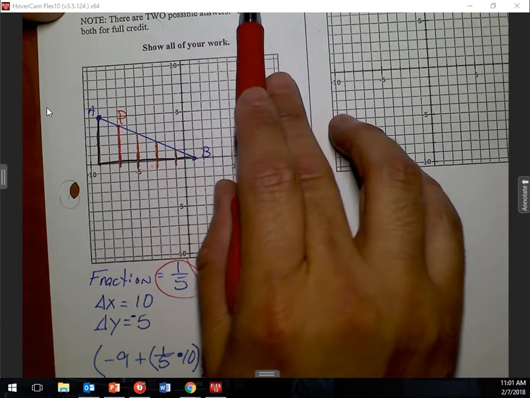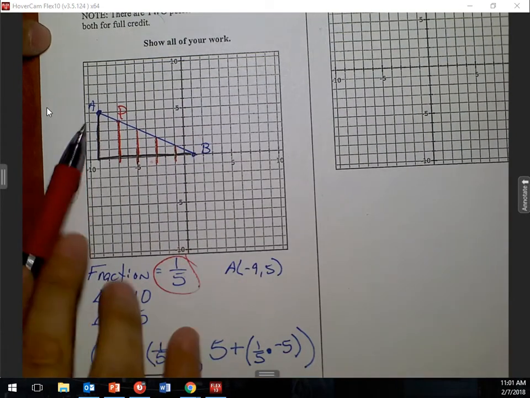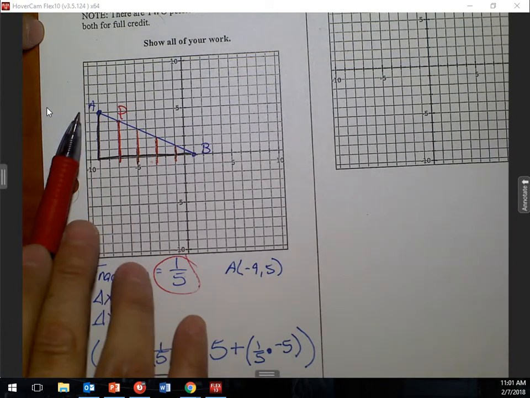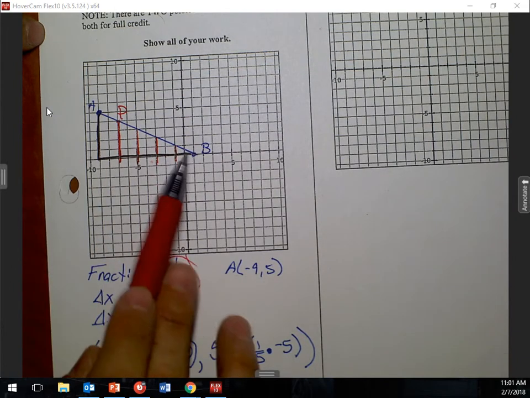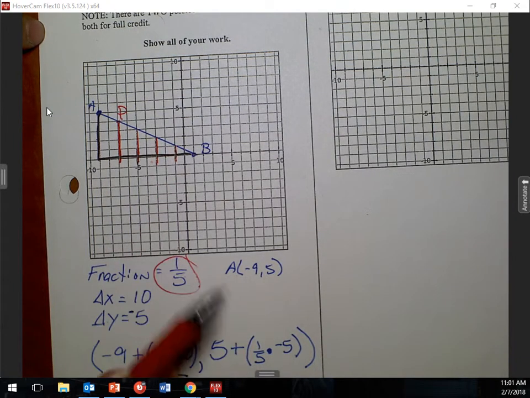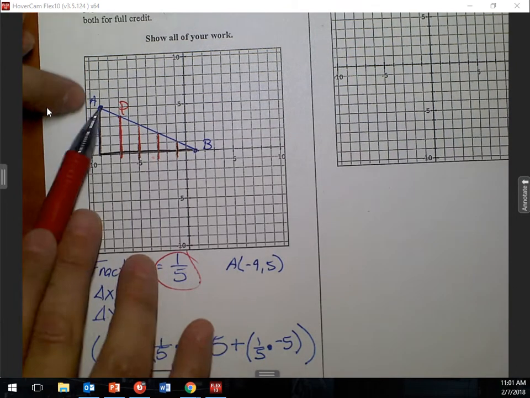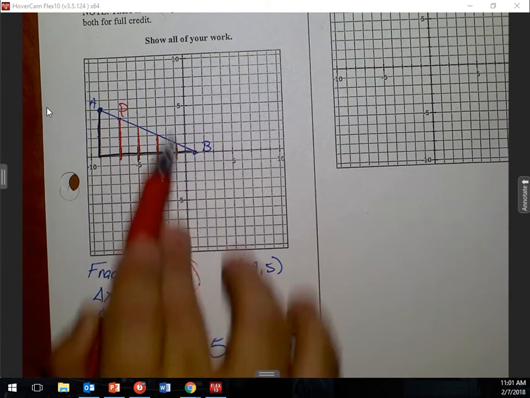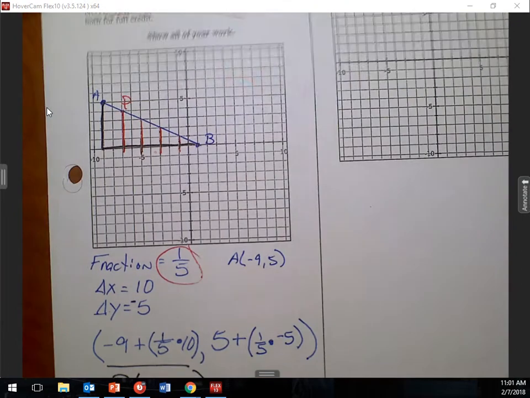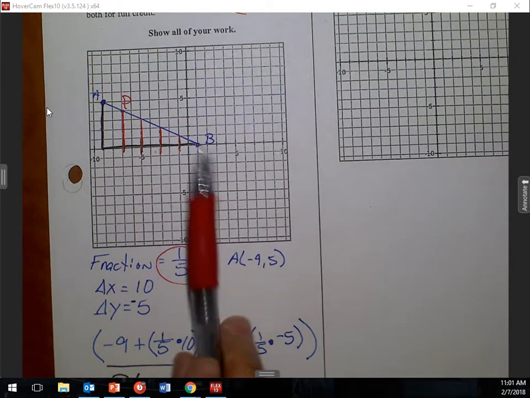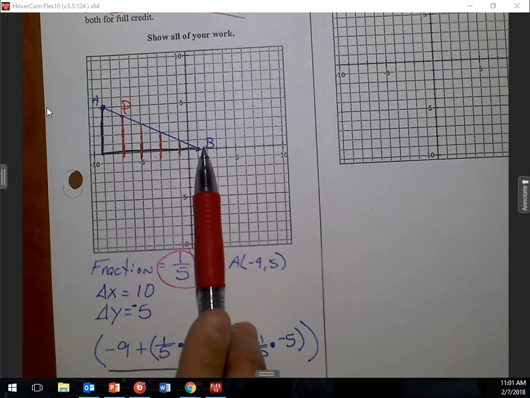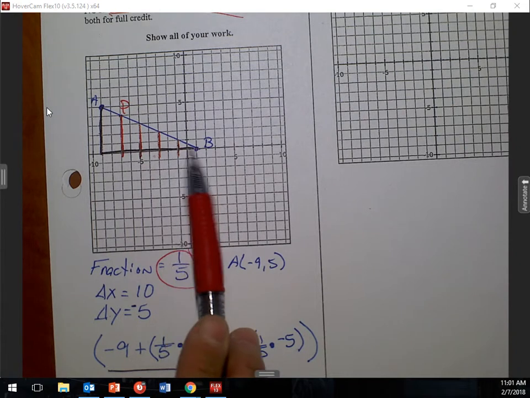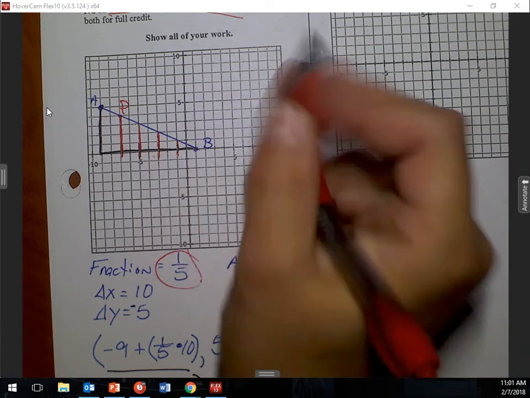Now, right here, let's see if I want it from the other side. So let's say I started from the other side. If I started from the other side, reading from left to right, let's count from the right side this time, because it says actually 2 possible. If I were to count it from the right side, what would my point be? I just count over right here and I come up right here, right?